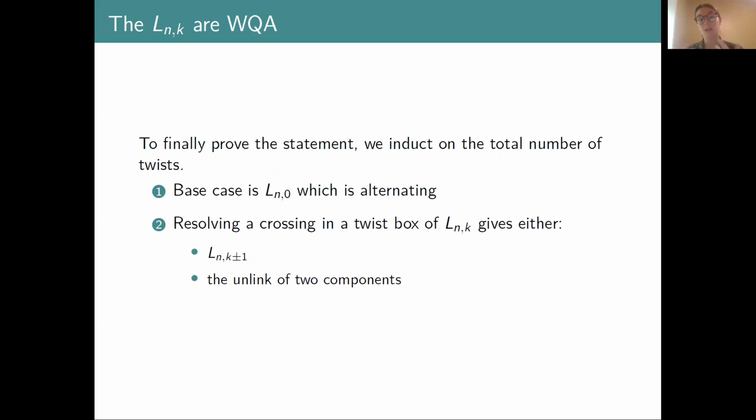And we're inducting on the total number of twists. So that takes us by induction into something we understand. So this is weakly quasi-alternating by the inductive hypothesis. And this we just know is weakly quasi-alternating as one of the base cases, that the unlink of two components is weakly quasi-alternating. So induction gives us the statement that we want.